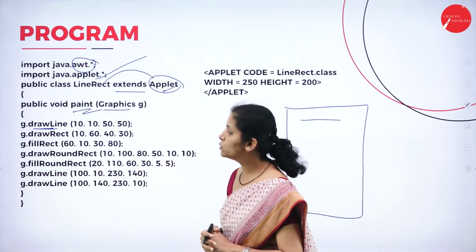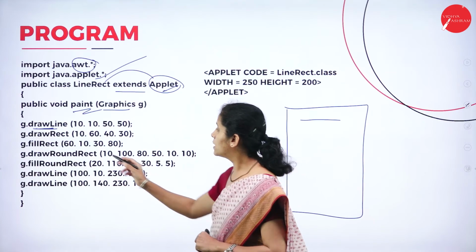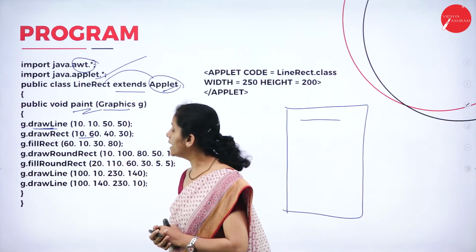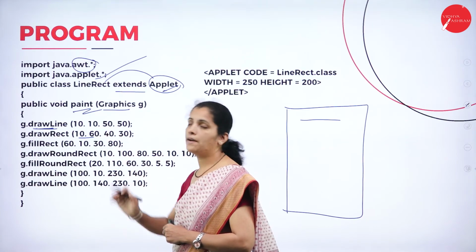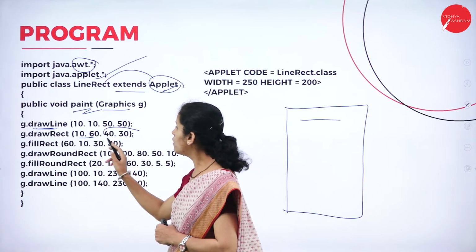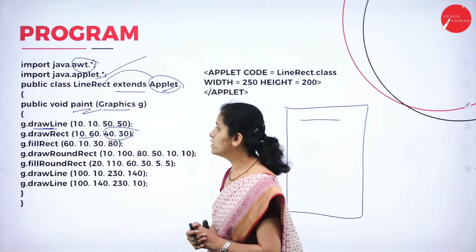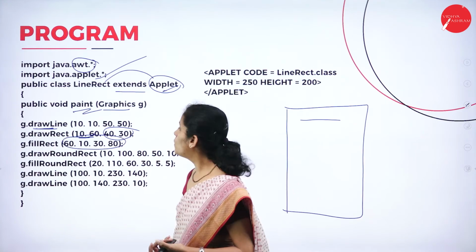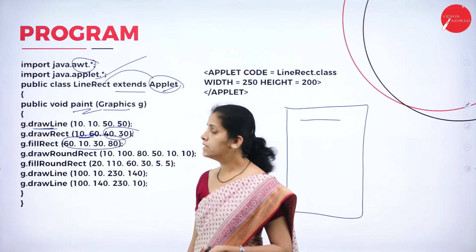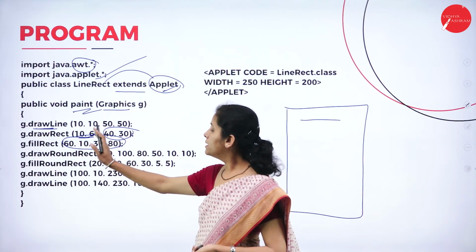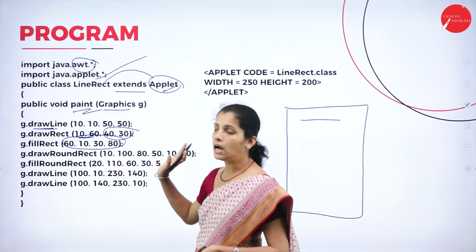Then I want to draw the rectangle. What is the coordinate? That is 10 and 60. That is top and left corner and dimension of the rectangle. And to fill the rectangle, once again I'm going to consider the same arguments, that is top, left, width and height.